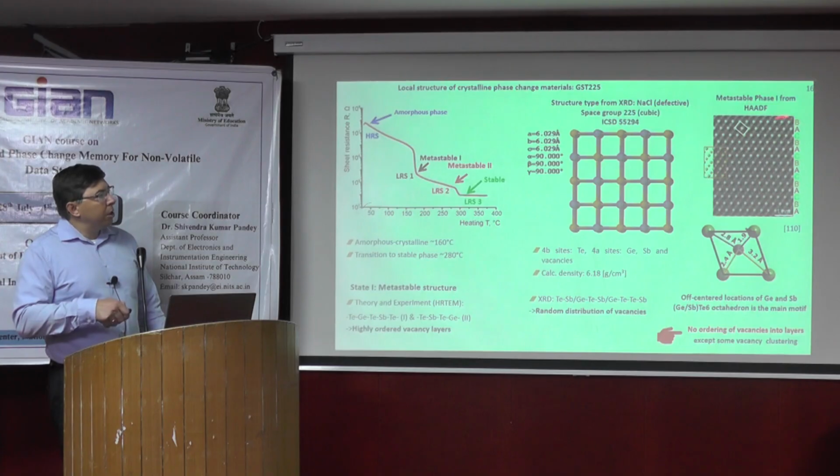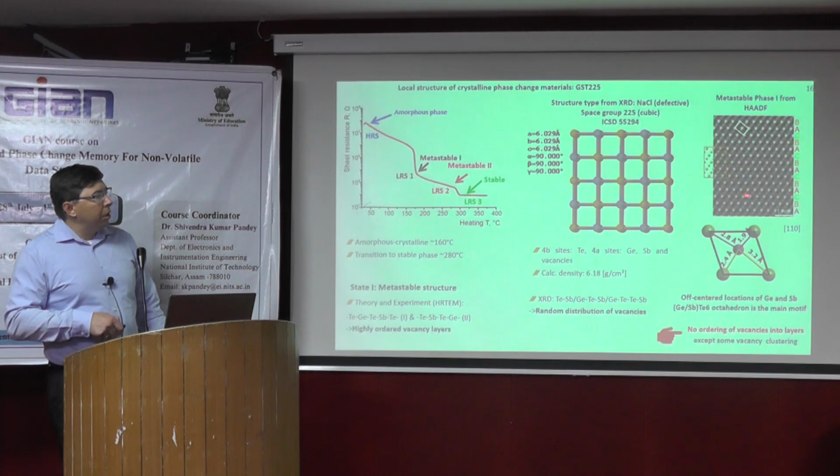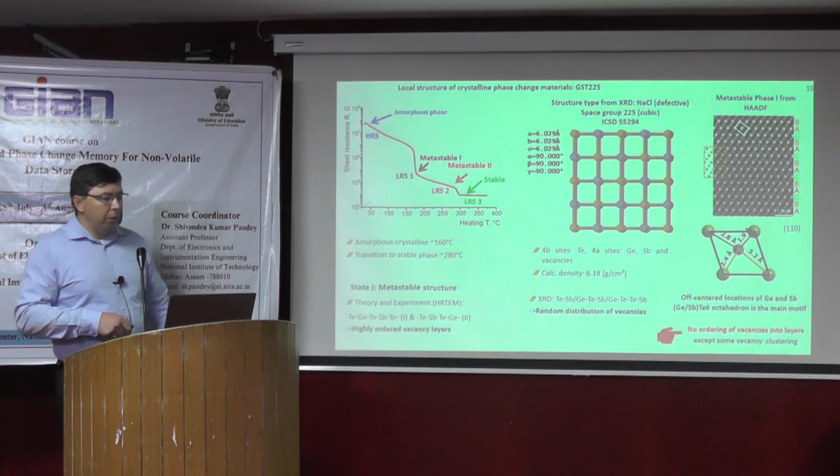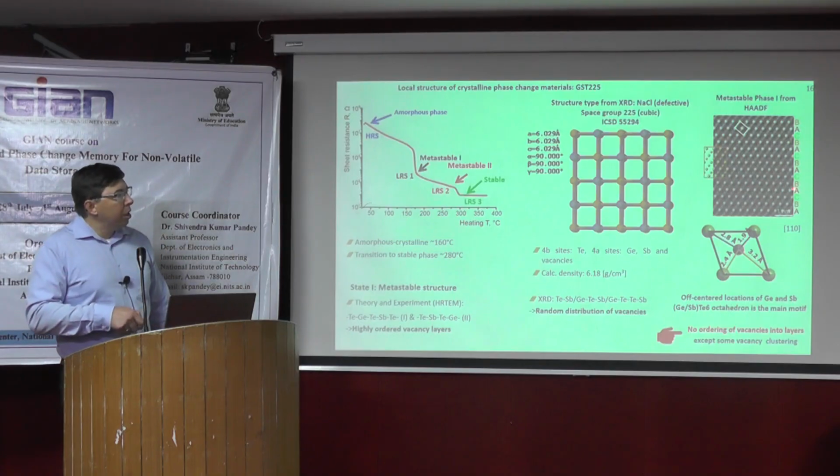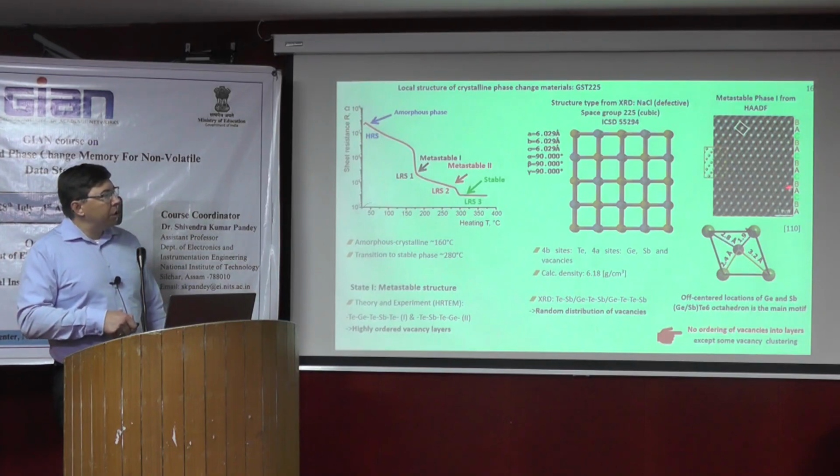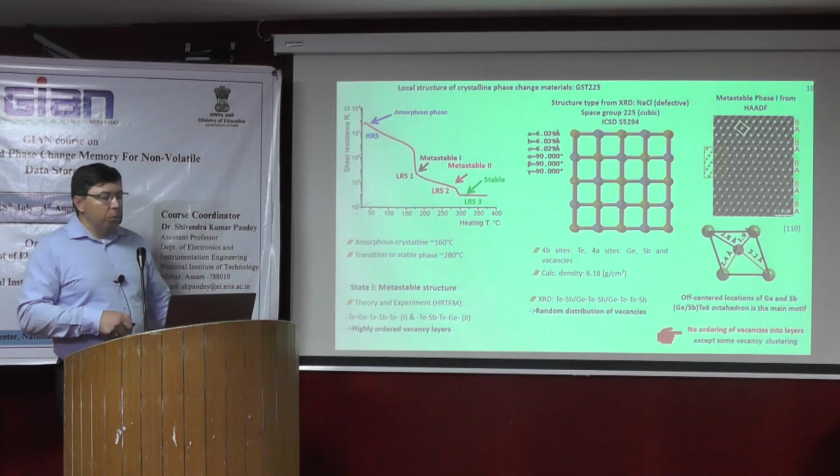It's also a layered structure, like a sequence of layers ABC. This is the tellurium sublattice, and this is the germanium antimony sublattice. And we see that this sublattice does not show much variation in contrast. So it seems the vacancies in these sublattices are randomly distributed.